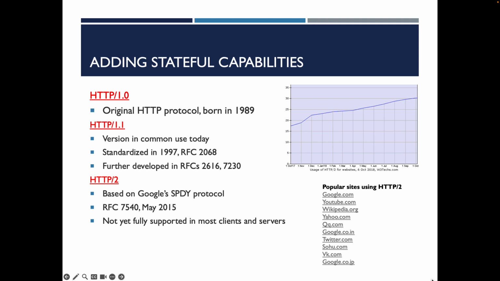So 1.0 is kind of the original, and it was part of Tim Berners-Lee's design, and then 1.1 was further improved about 10 years later, and you can see this timing is important because this is also the time of the dot-com, right? The internet started to attract attention from ordinary people, and people got invested in there.